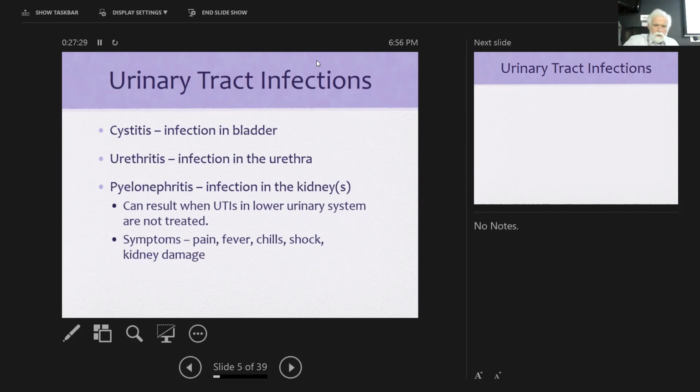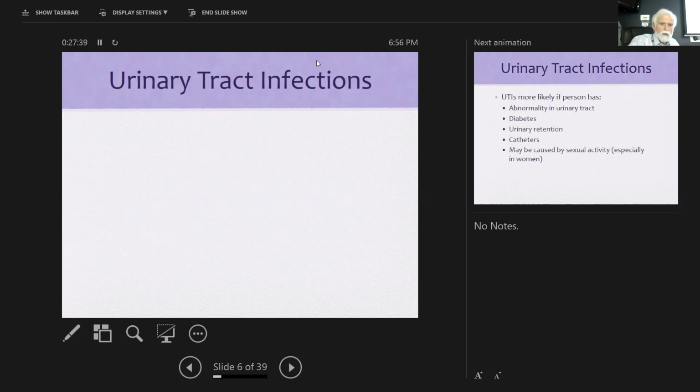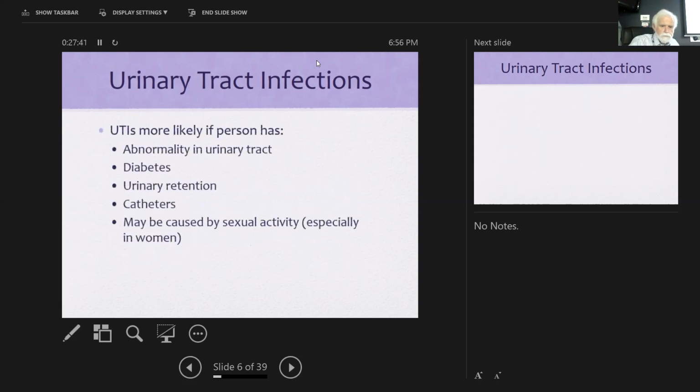And it has all of the usual pain, fever, chills, along with the potential for kidney damage. And kidney damage is really dangerous. There are several things in this PowerPoint that mention where these things come from.